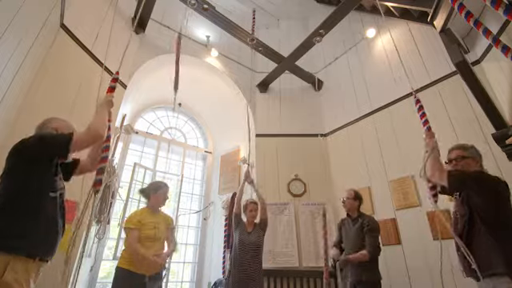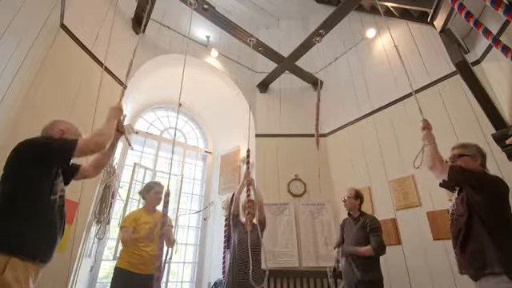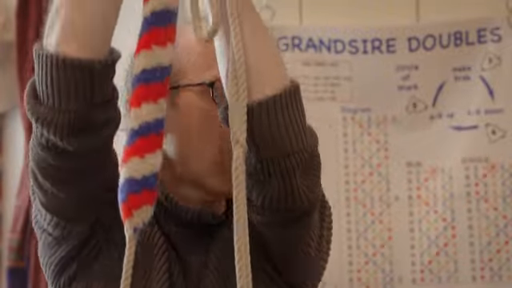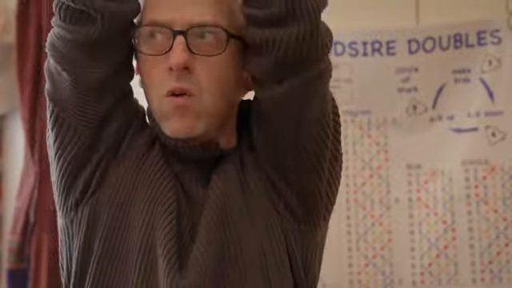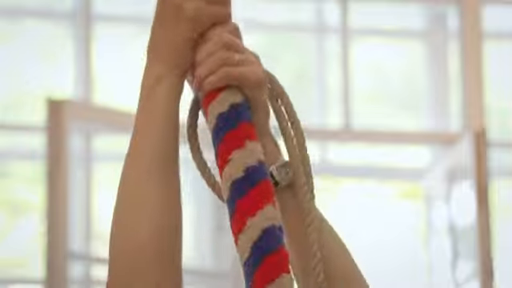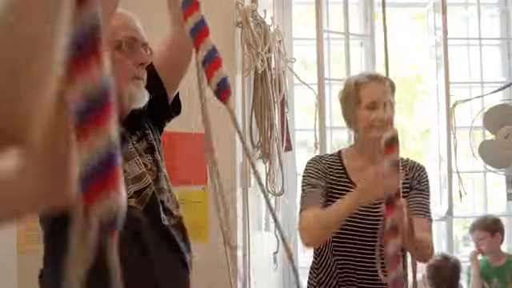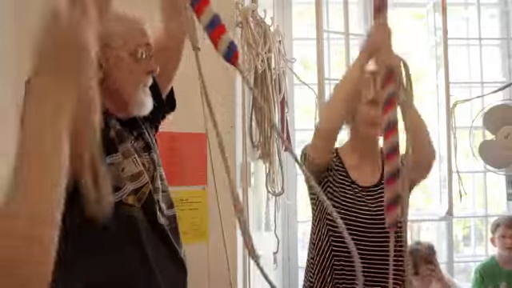And you have to ring with a precision of 1/16 of a second. So because of that 2-second delay, it's impossible to ring melodies. So we ring what we call changes or sequences, and it's a mathematical way of ringing bells. And it takes years to learn. It takes a long time to learn. Physically, you've got to ring the bell by yourself and then perfect the timing so you can ring with the group.